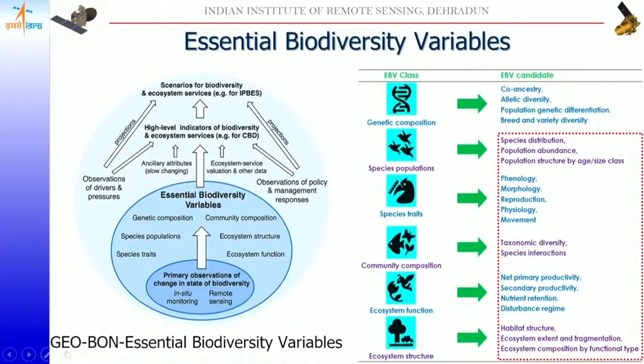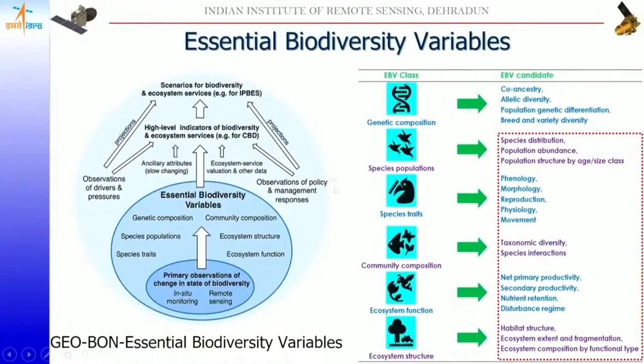And here you can see how we can do a baseline study through in situ monitoring, and you can apply remote sensing on that, and you can derive the essential biodiversity variables for species traits, population, genetic composition, through which we can develop the indicators of biodiversity changes or the ecosystem services over the area, and finally we can contribute to policy making and the conservation aspect of the species.